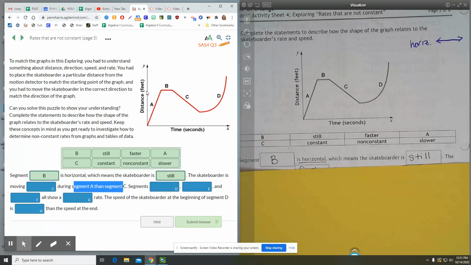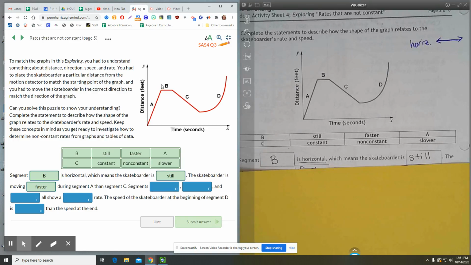It's going really far away. And in C, we'll call it like 2 seconds it's taking, and it's not going nearly as far as A did. A is covering more distance in a shorter amount of time. A is going faster.